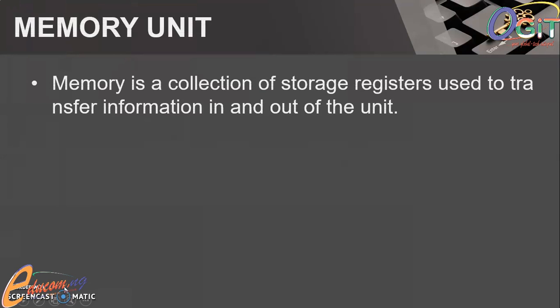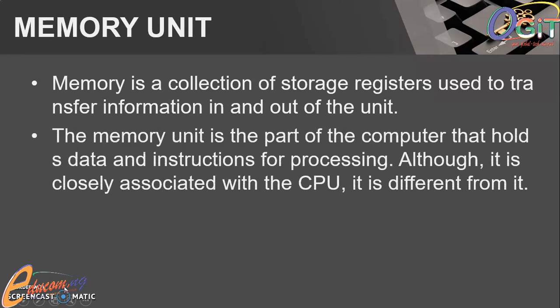Memory unit. What is a memory? A memory is a collection of storage registers used to transfer information in and out of the unit. The memory unit is the part of the computer that holds data and instructions for processing. Although it is closely associated with the CPU, it is completely different from the CPU.